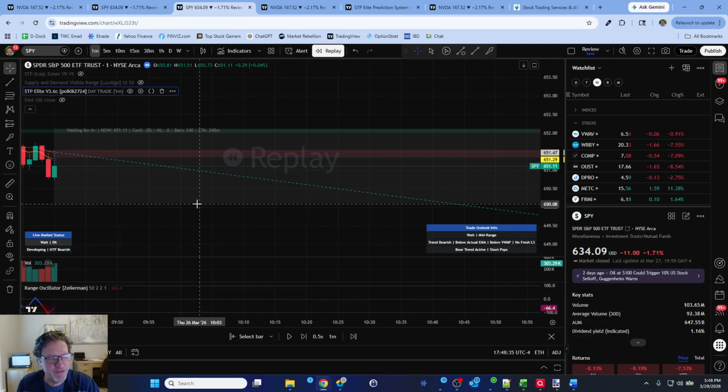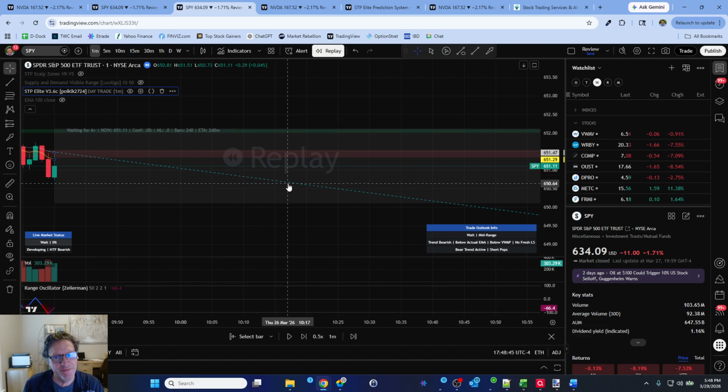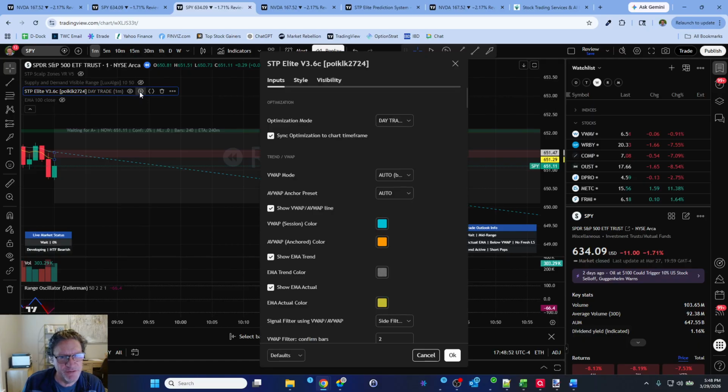I found them to be beneficial at different time scales. The other thing I do is I only use VWAP on the 1 and 5 minute, and I'll use anchor VWAP on the other ones. And these values will change automatically for you if you have the sync optimization to the chart time frame.